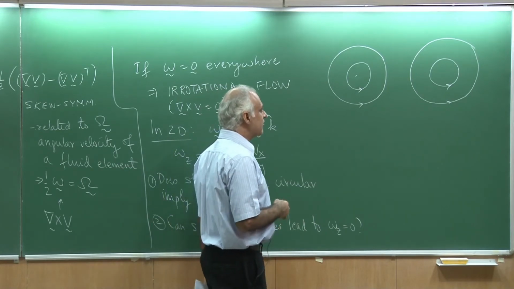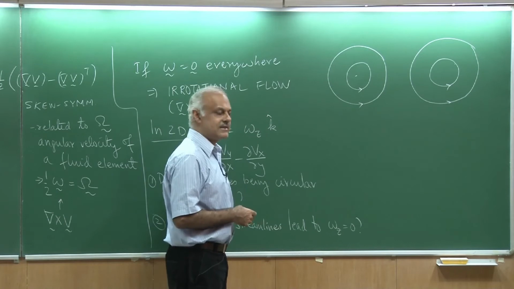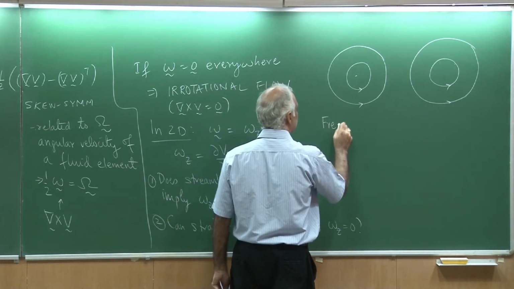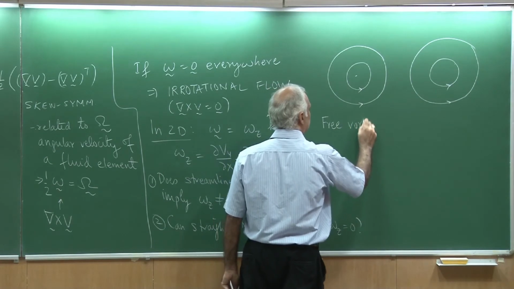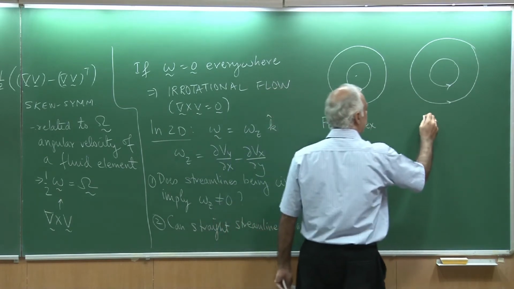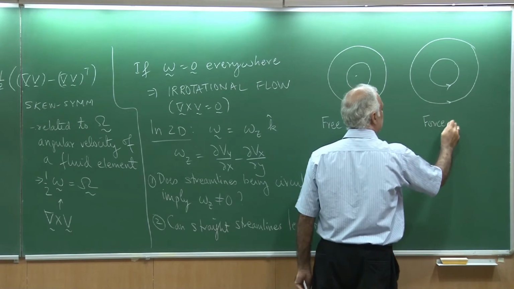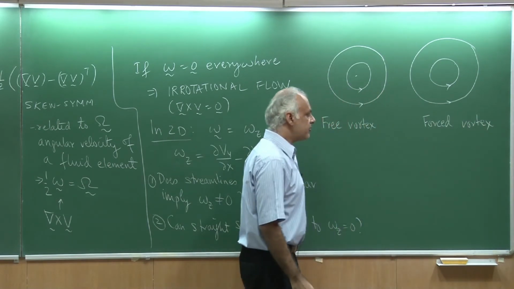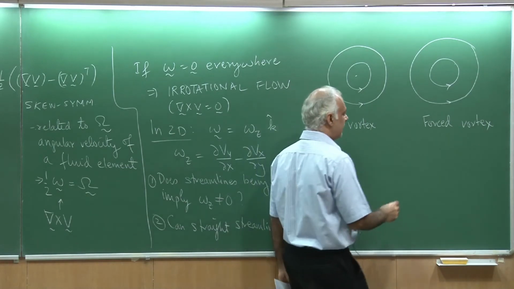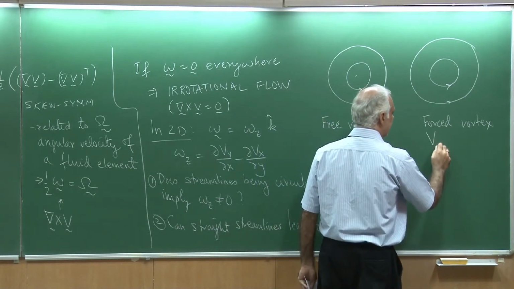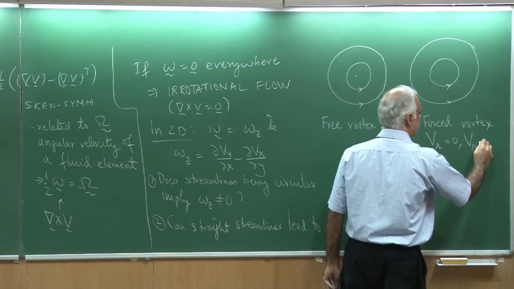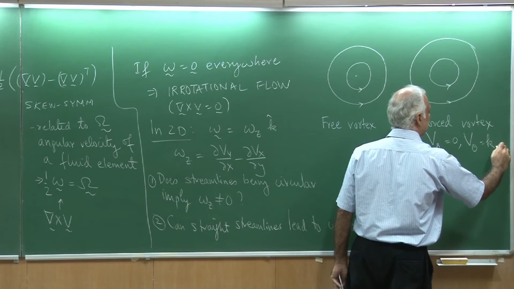So, it really depends on the fluid element. So, let me give an example of a free vortex versus a forced vortex. In a forced vortex, I am going to have a velocity field where Vr is 0 and V theta is k r.